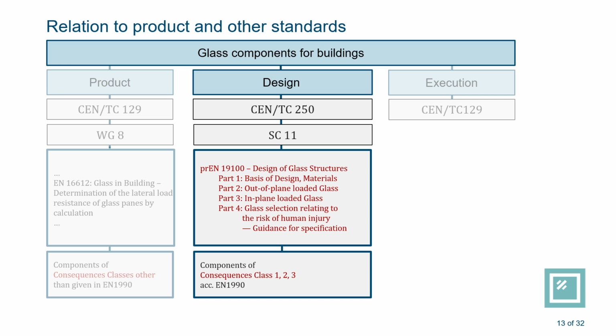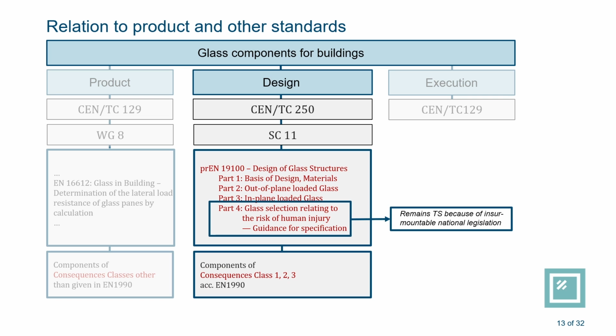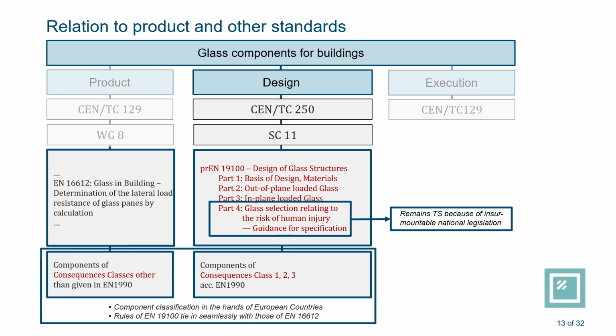The rules in the Eurocode relate to the components of consequence classes 1, 2, 3, and the product standards relate to the components of consequence class 0. And what is very important is that there is a clear harmonization, a very smooth transition from the rules of the product standard code to our Eurocode 10, so that our rules tie in seamlessly with those of EN 16612.